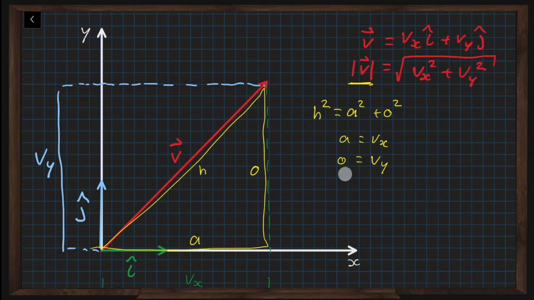Okay, let's clear this out. But let's turn this around. Let's say we know the magnitude of the vector, but we don't know the components.